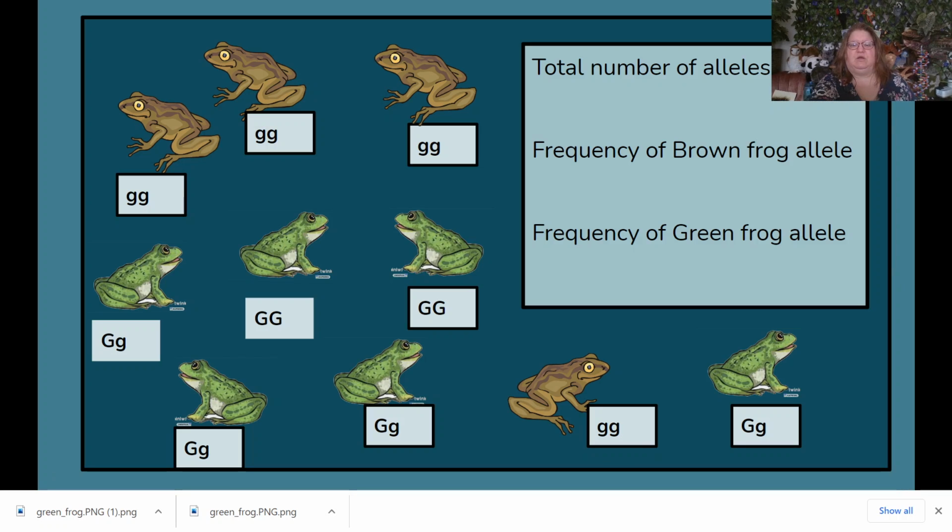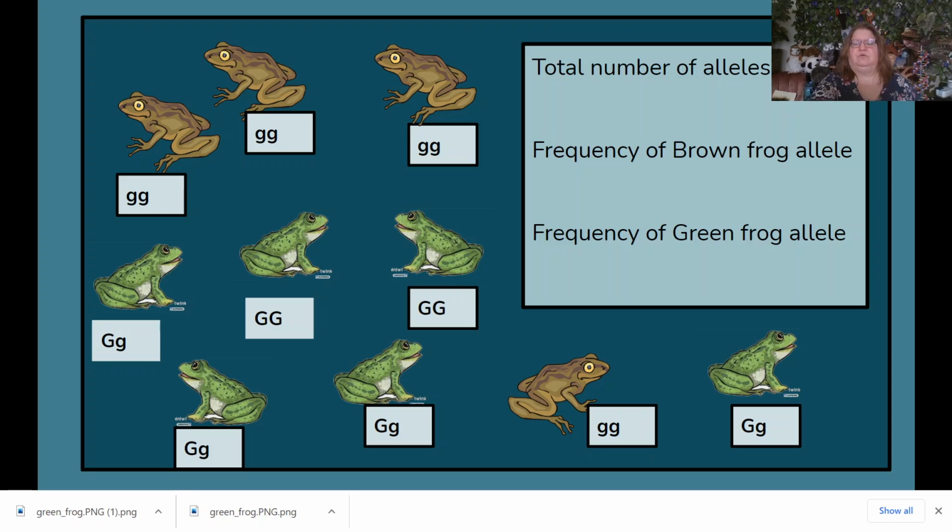In fact, let me go back. What if, because these are variations, remember some variations are adapted better. Let's think about our typical pond, and let's say this pond has a lot of green vegetation, and so the green frogs can hide better. What do you think would happen to the population of the frogs in terms of the number of green frogs and the number of brown frogs?